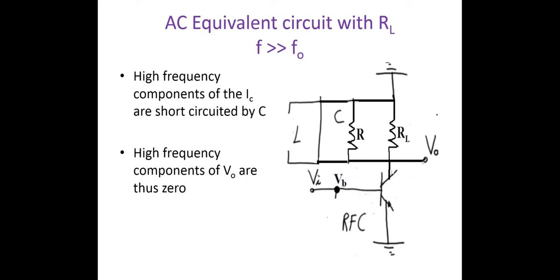So the capacitor will provide a short circuit path to IC, and V0 will therefore be 0 due to the short circuit path provided by the capacitor. So the high frequency components of V0 become 0.